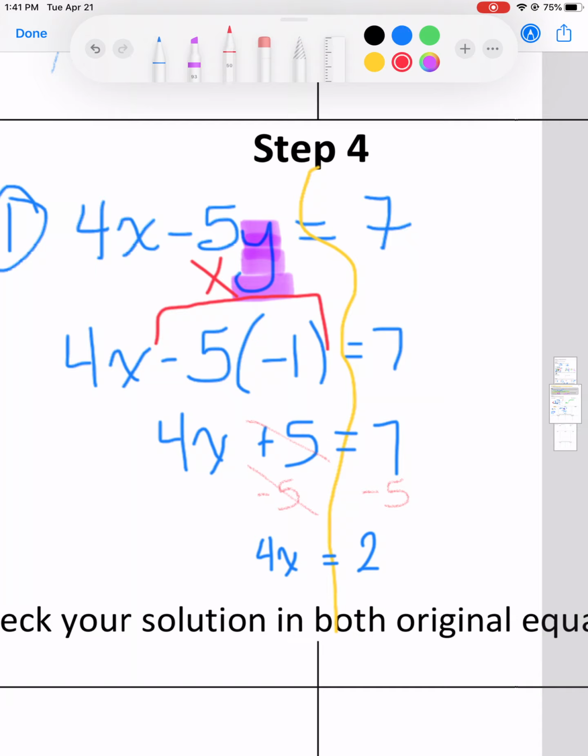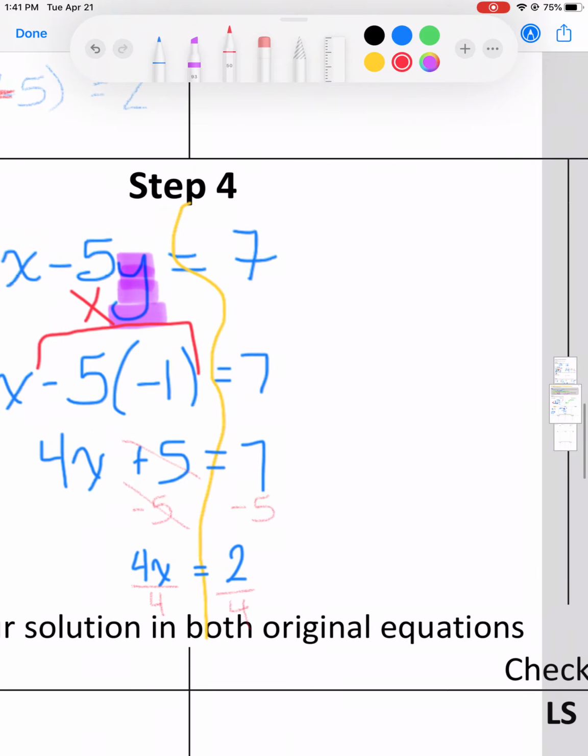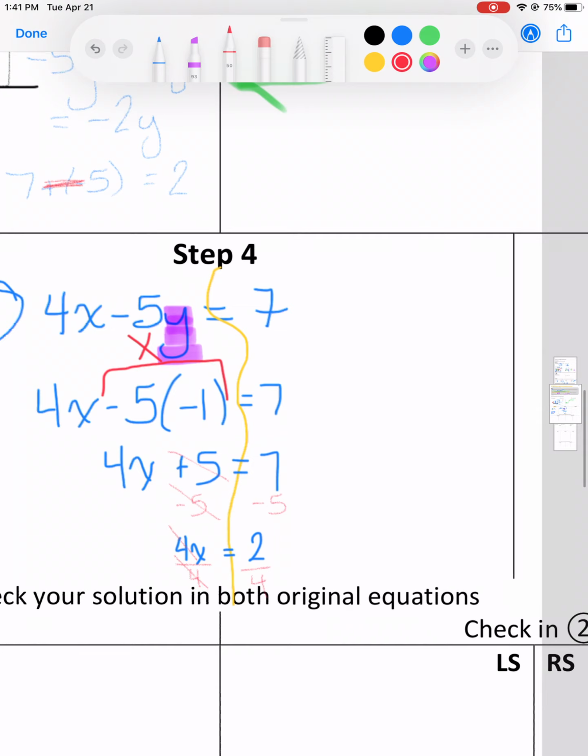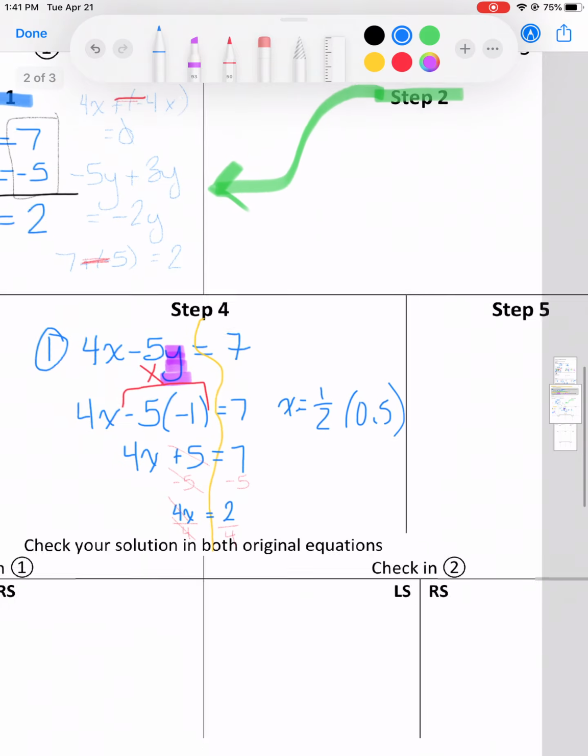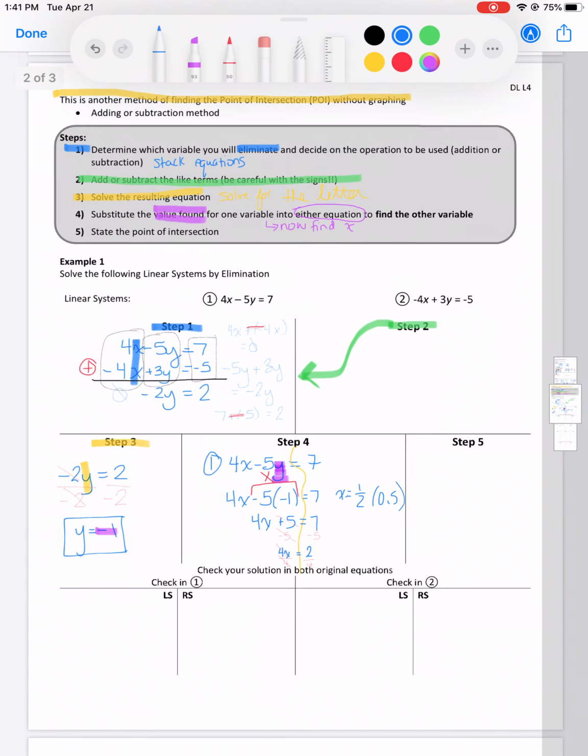No. It's got that 4, so we have to divide. Those 4's cross out. What's 2 divided by 4? 0.5. It's half, right? Or 0.5. In this case, I'm over the fraction stuff. If you want to use decimals, that's fine.